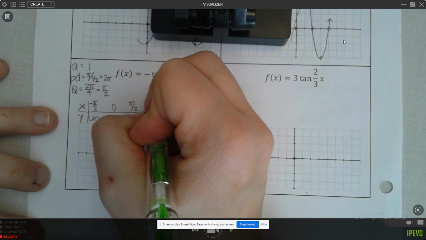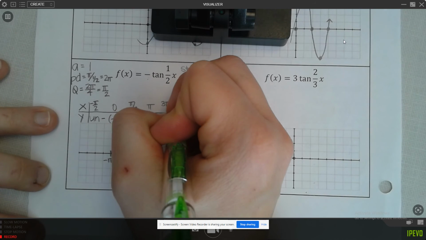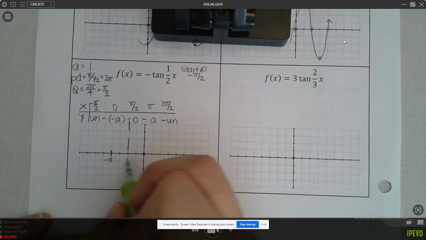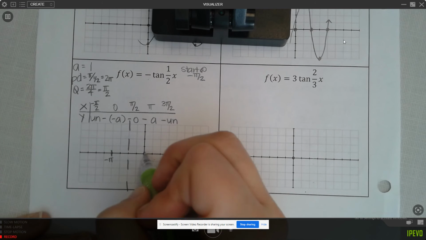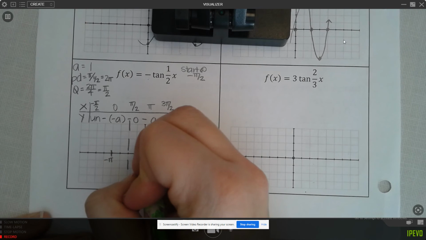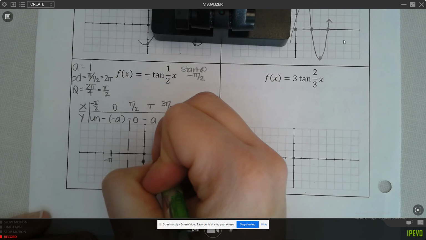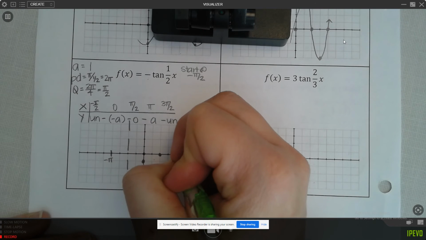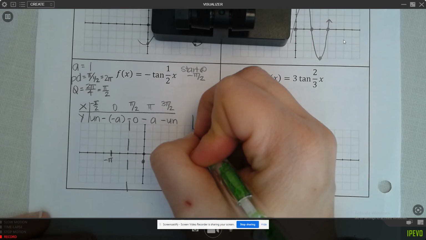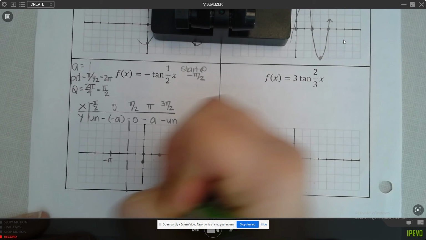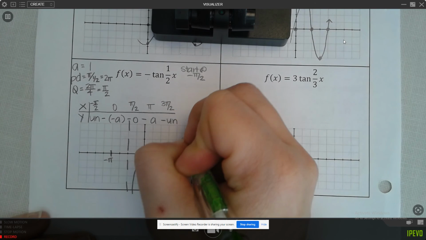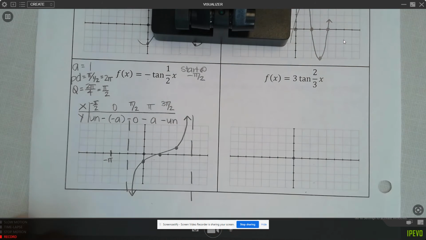This is pi. And that is 3 pi over 2. Okay, so 0. Now at 0, when x is 0, I have negative a. So it means I'm going to go down my asymptote. I'm going to be at 0. I'm going to go up my asymptote. And I end just a stretched out tangent function.